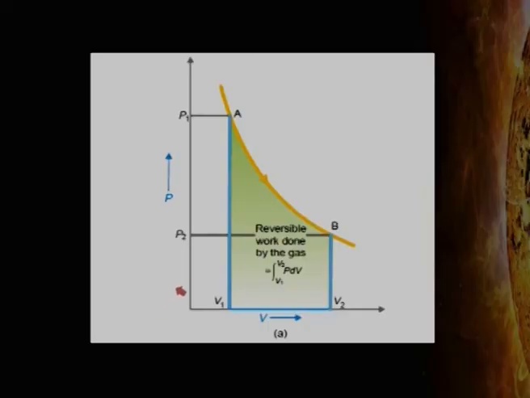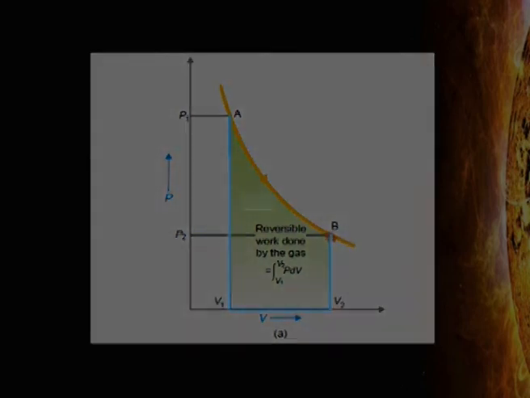The reversible expansion is shown in figure A, in which the pressure is falling as the volume increases. The work done by the gas is given by the expression which is represented by the shaded area, that is minus W reversible equal to integral of P dV in the limits V1 and V2.